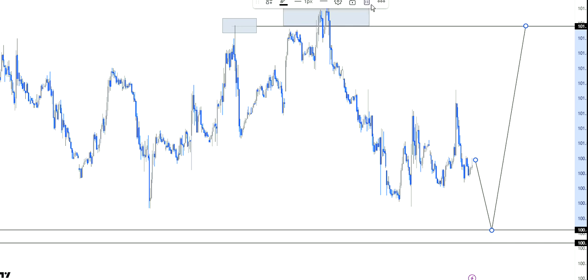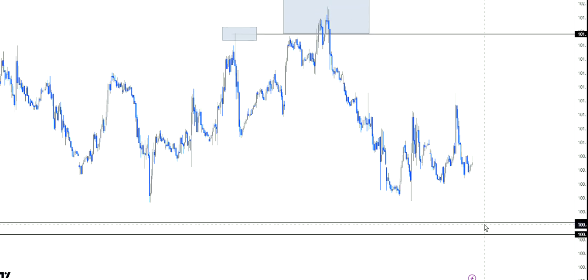Now, if DXY reaches here, it means DXY will be strong after hitting this point. As we know, if DXY is strong, then USD also will be strong. This is what we call pair correlation or currency correlation.